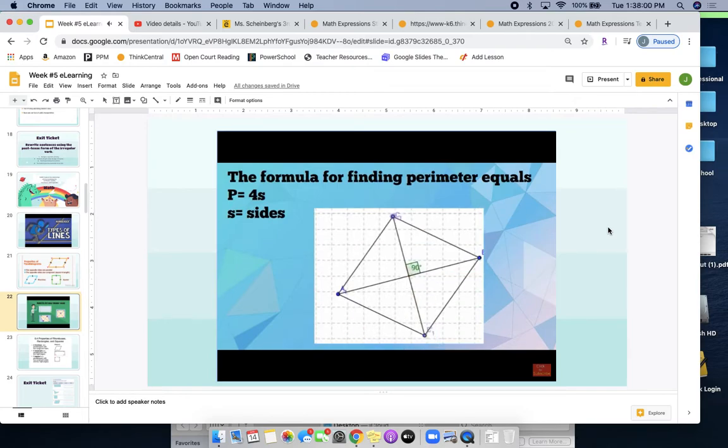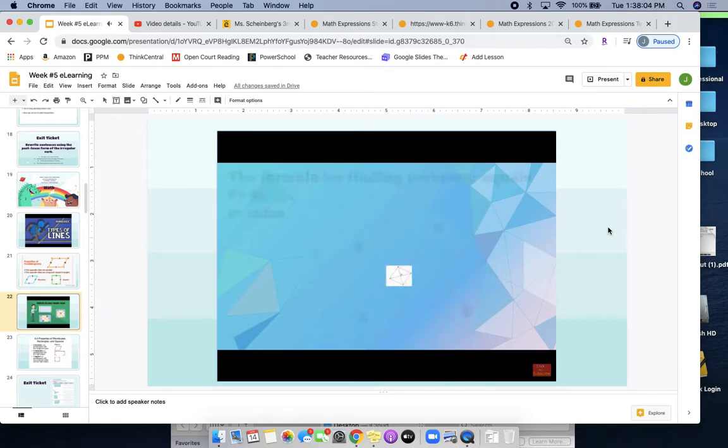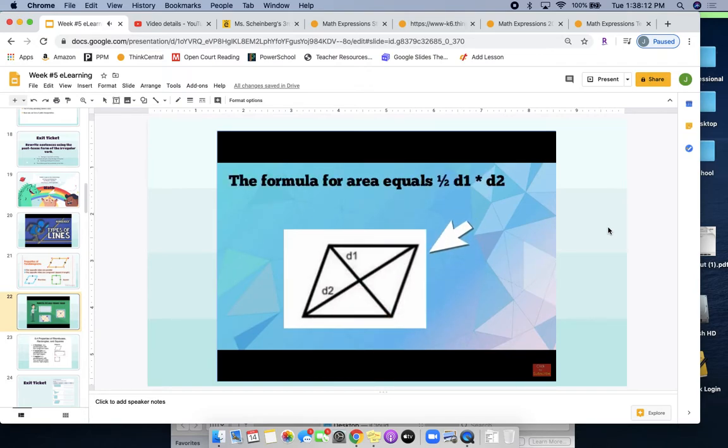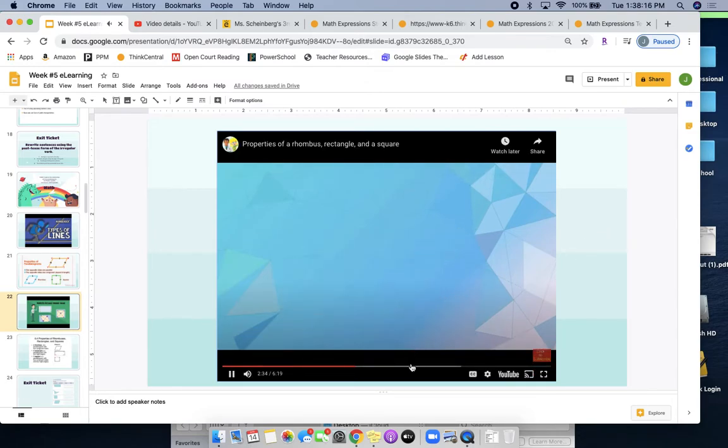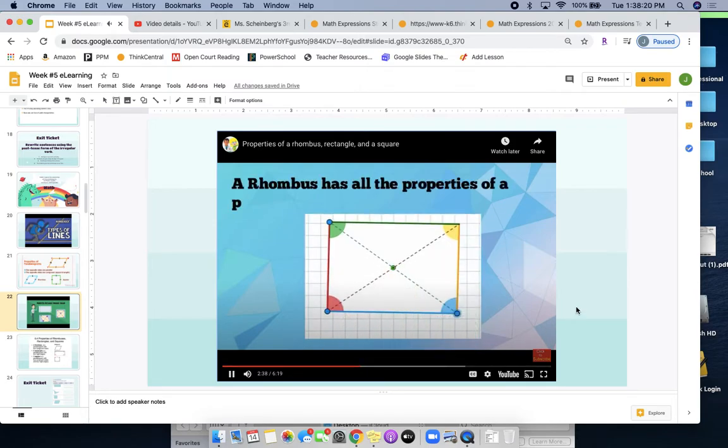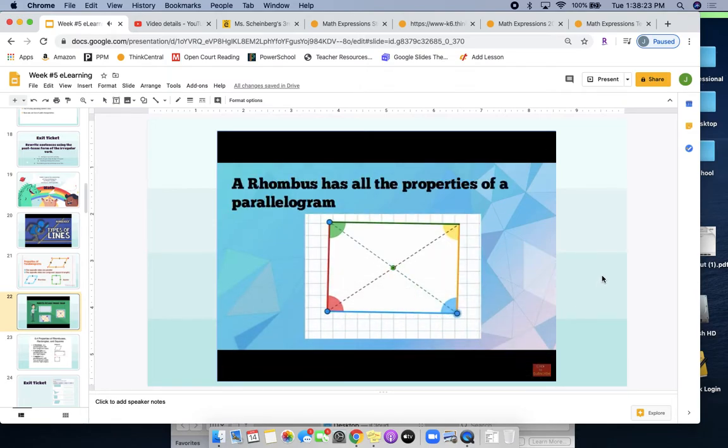The formula for finding the perimeter of a rhombus is P equals 4s, where s equals the side length. The formula for area equals 1/2 times diagonal 1 times diagonal 2. A rhombus has all the properties of a parallelogram.